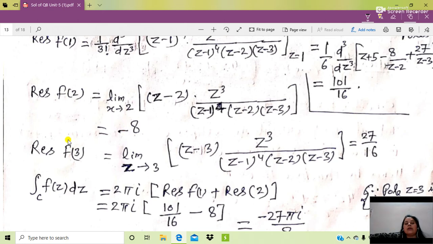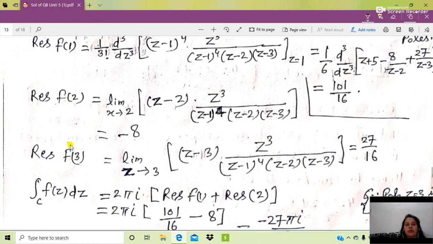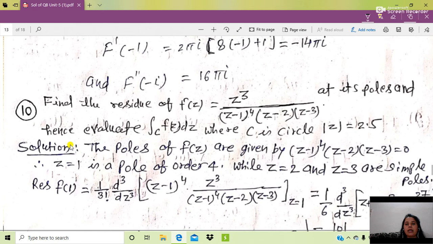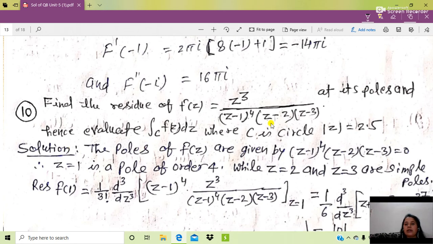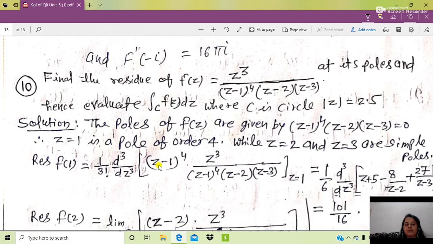minus 8. Since in the question we also have to calculate residue at 3, but in calculation of this integration, no need to consider the residue at z is equal to 3.